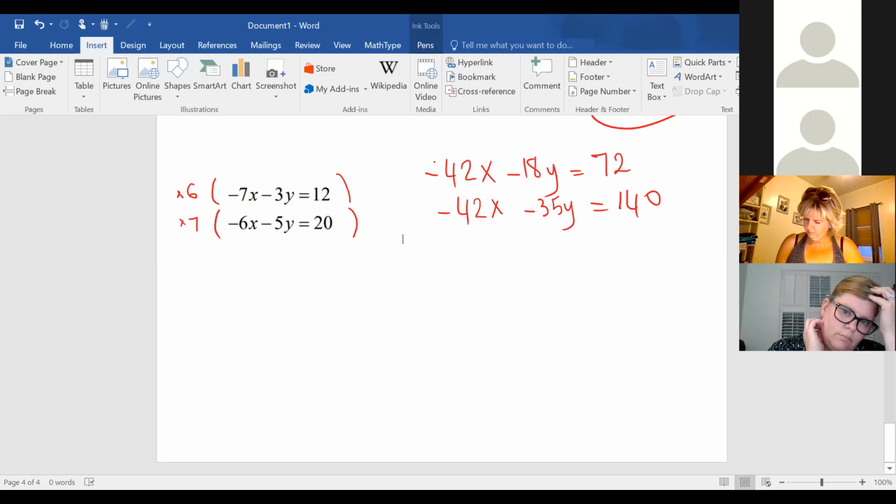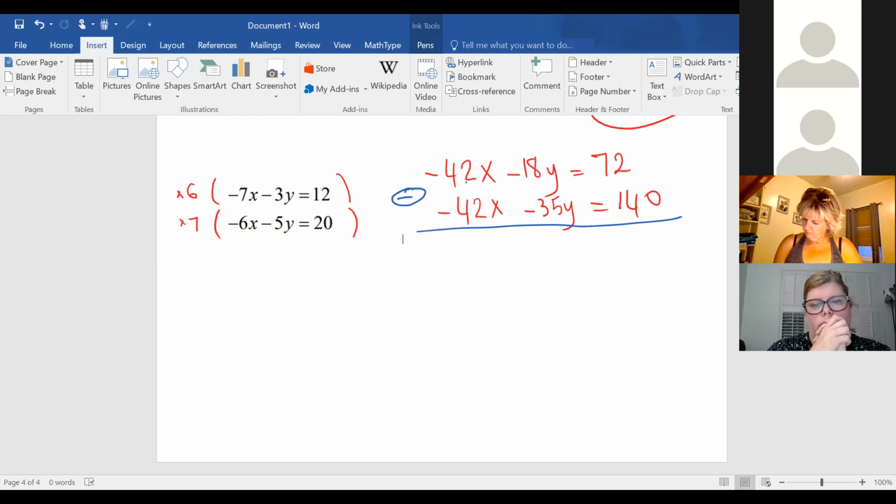Now, since they have exactly the same sign, what would we do? We would not add, we would subtract now. If you add them, they don't cancel each other. But if you do it with a calm head, you can do it. What is negative 42 minus negative 42? They cancel out, because they are the exact same number.